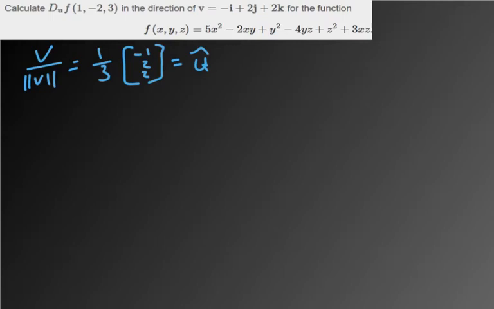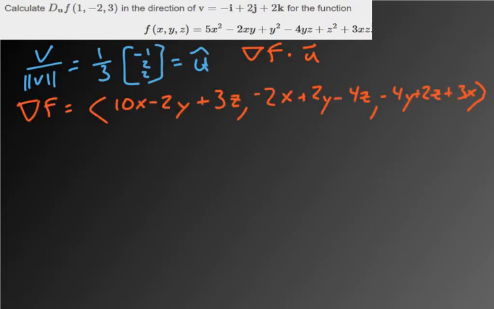And then I basically dot my gradient of f with u. If I evaluate the gradient at the point, then we'll have the amount of slope change in that direction. So my gradient is this. And then I need the gradient at the point 1, negative 2, 3.